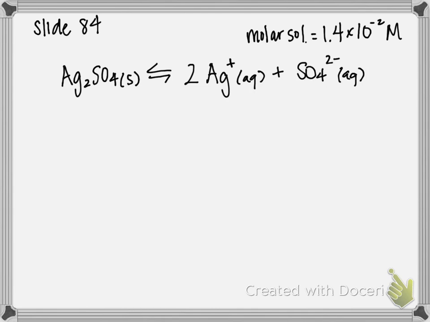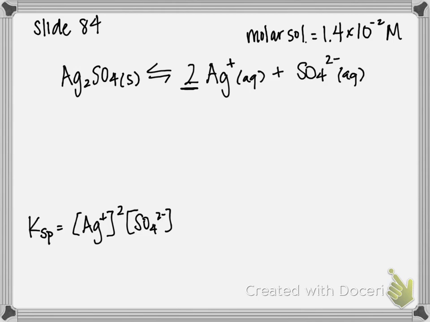I'm going to write below my KSP expression. KSP is going to be equal to silver plus, and that concentration is going to be squared because I have 2, times sulfate concentration. I'm not including the silver sulfate as a solid because remember, we don't include solids in our equilibrium expression.